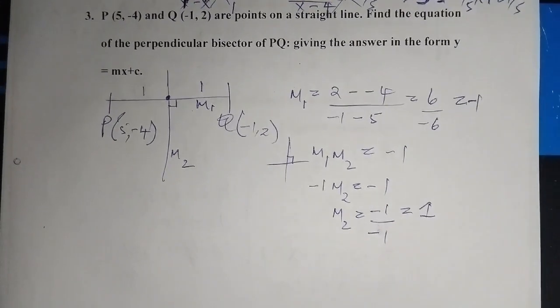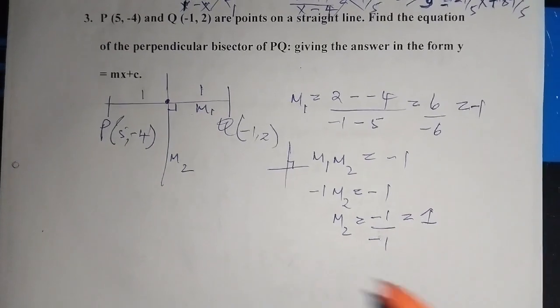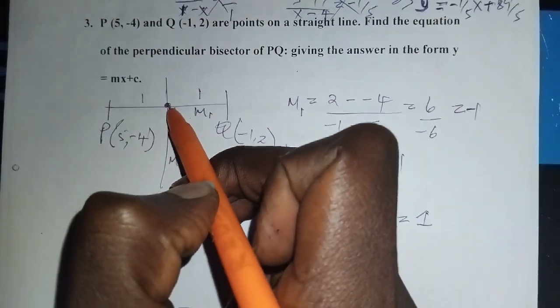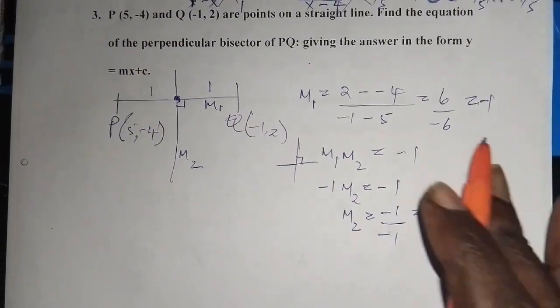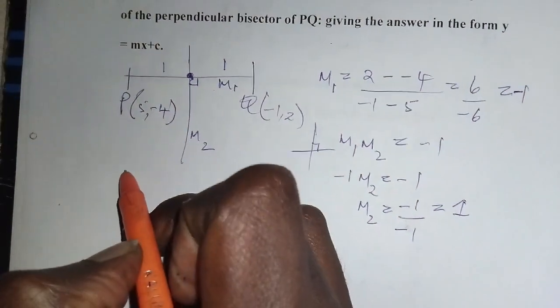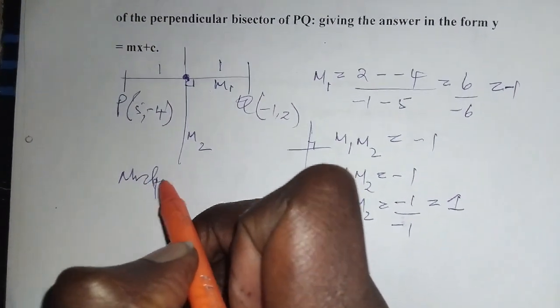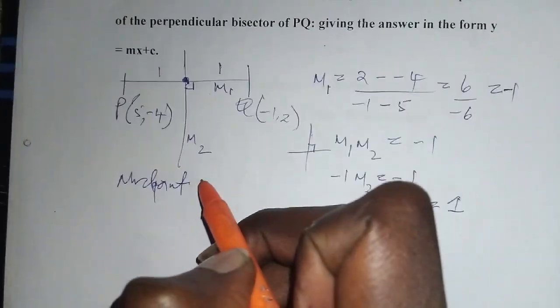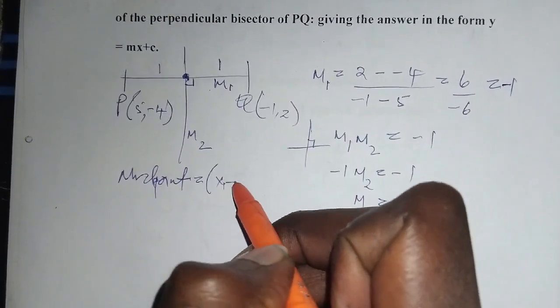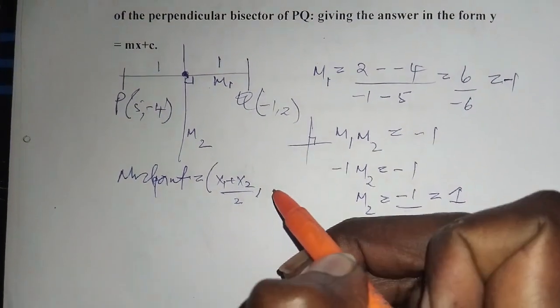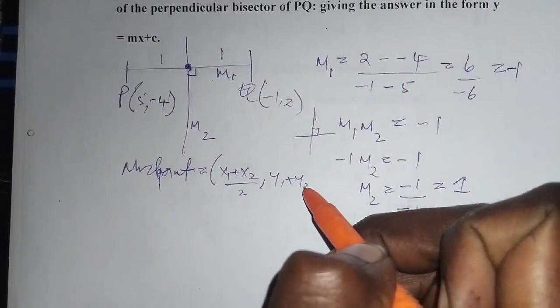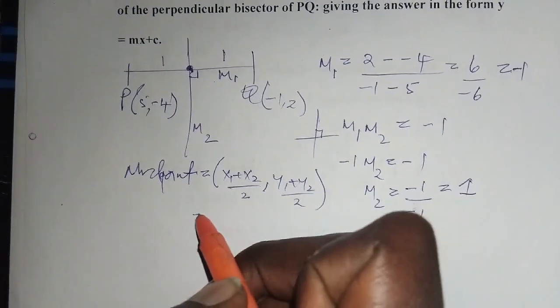So we need to get the point where this perpendicular bisector cuts line PQ, and it is the midpoint. For the midpoint, you take x1 plus x2 divided by 2 for the x coordinate, then y1 plus y2 divided by 2 for the y coordinate.